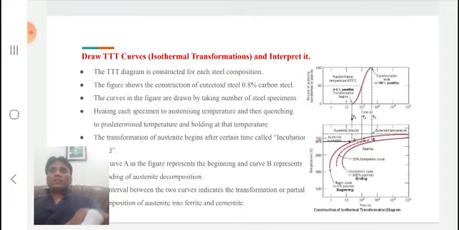Each specimen is heated to the austenitizing temperature, then quenched to predetermined temperatures and held at that temperature. The transformation of austenite begins after a certain time called the incubation period.